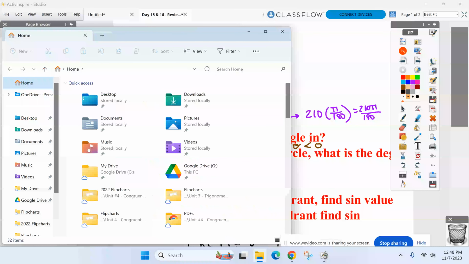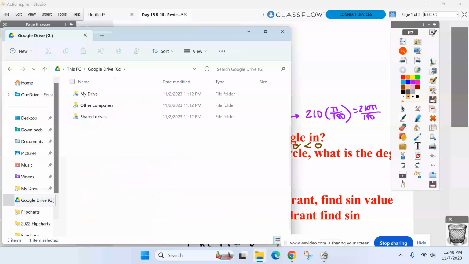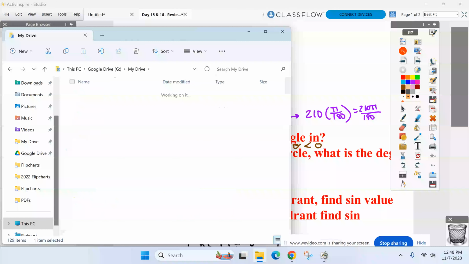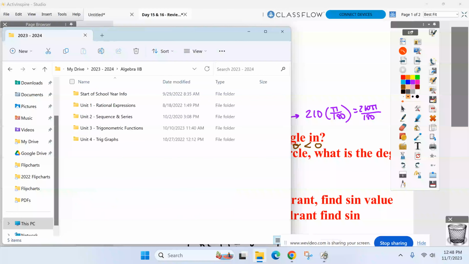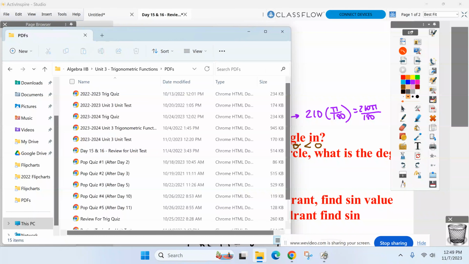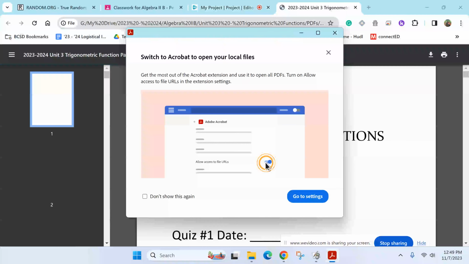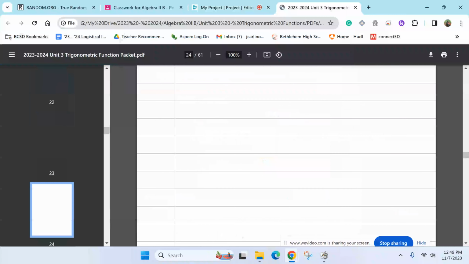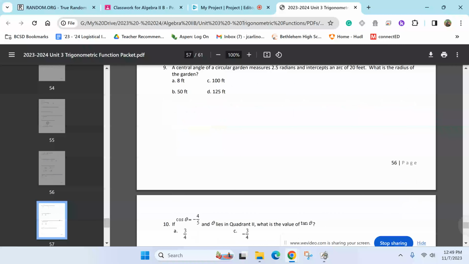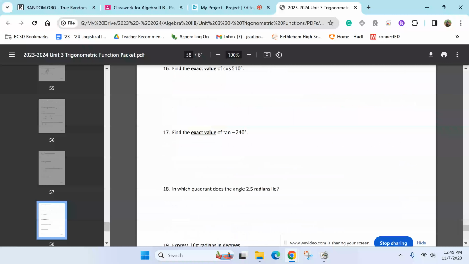Number 16 and 17, I was just confused. Okay, let me pull those up. These right here?